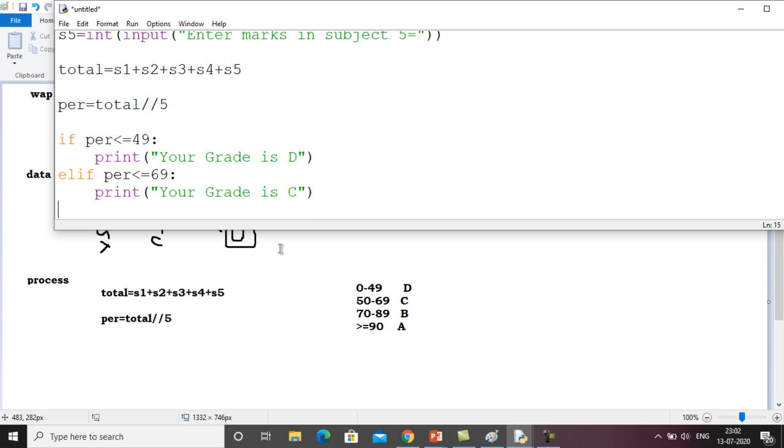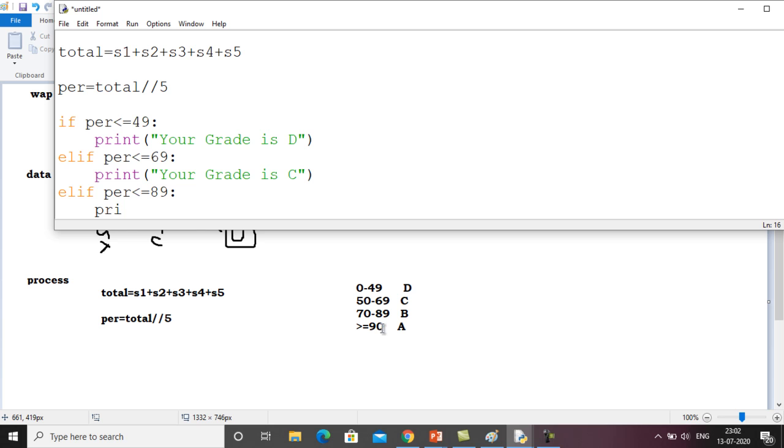And that's not all, because we have 2 more conditions with us. If the percentage is not less than equal to 69, then it moves to the third case. Okay, and over here we write if percentage is less than equal to 89, in that case print your grade is B, right?